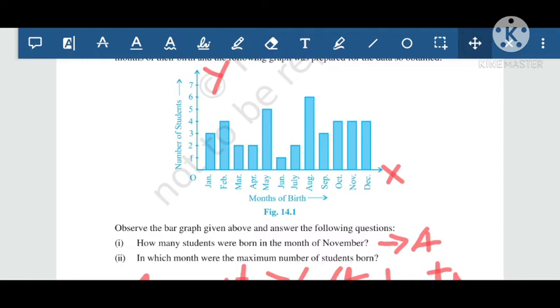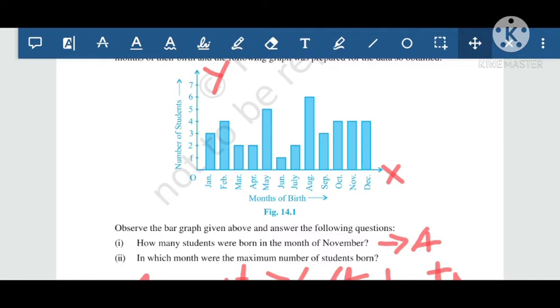These 4 months are equal, with 4 students. Then March, April and July, you can compare these three. These three are equal, 2 students are born. The remaining are all different.